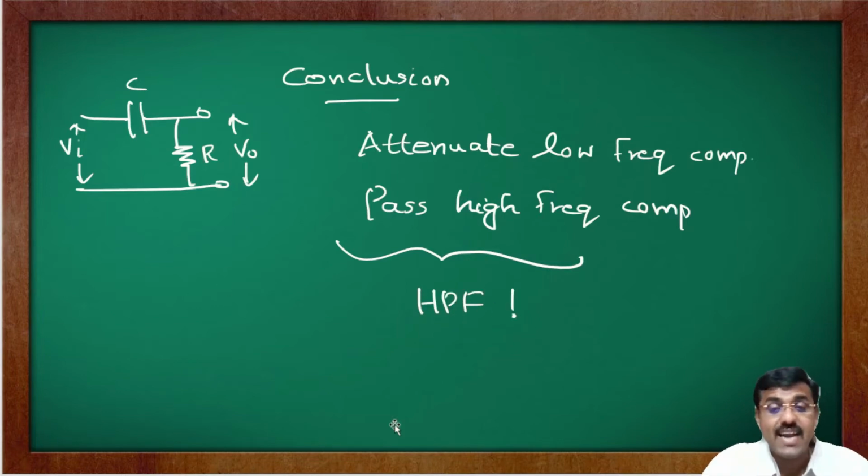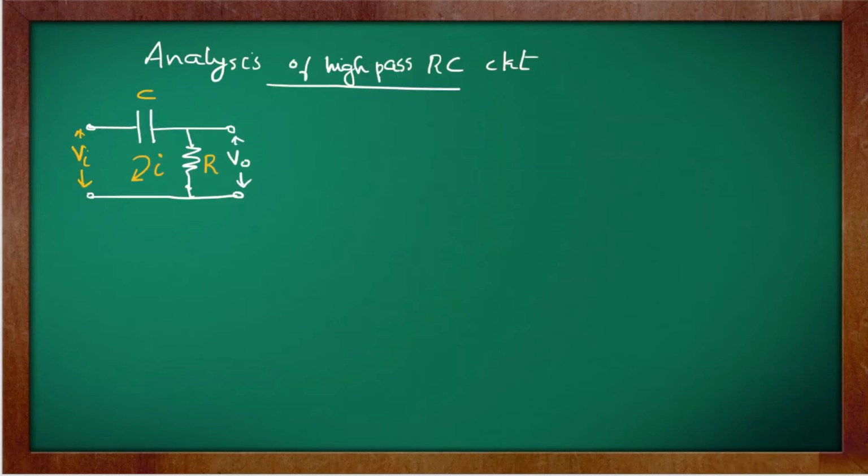Now let us see the analysis part. Let us do the analysis of the high pass RC circuit. The circuit diagram of the high pass RC circuit is as shown in the figure. We have a capacitor and a resistor. Let I be the current flowing through this, Vi be the input, and V0 be the output.